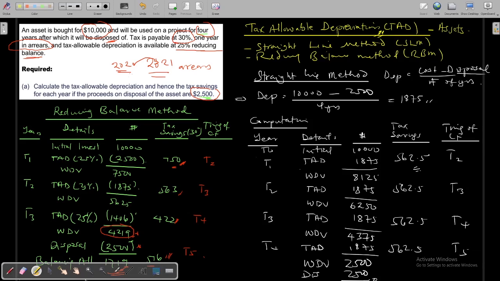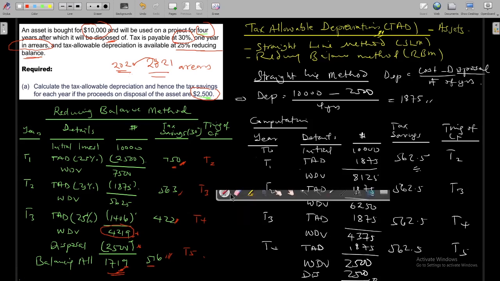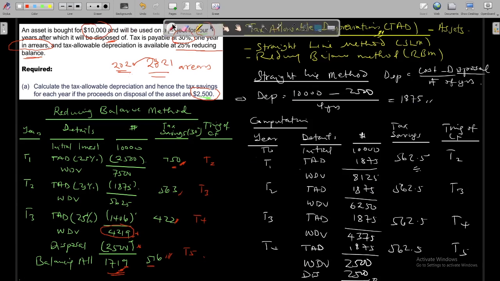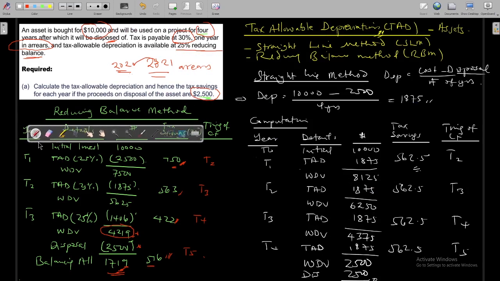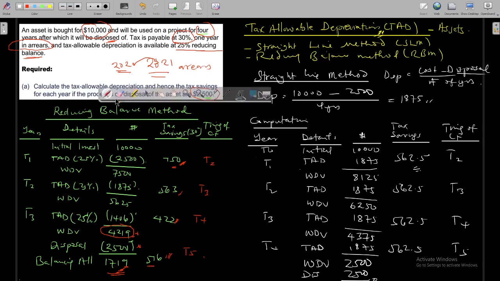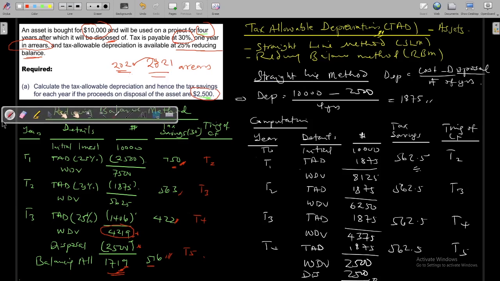Okay, so let's see what will happen if the disposal amount of 2,500 changes to 5,000.